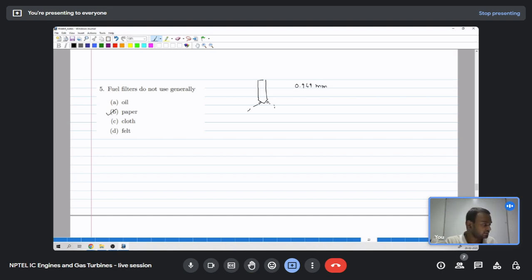This is the case of old injectors. Nowadays, as I said, for a common rail injector with 3000 bar pressure capability, the orifice diameter will be around 0.15 or 0.12 mm, that means 120 to 150 micrometers. This is a very fine hole, and any small particle from the paper can clog it.